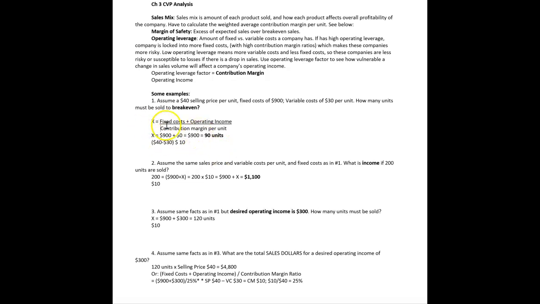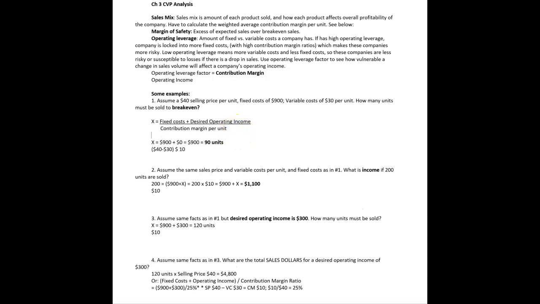Fixed costs plus, let's call this, desired operating income, divided by the contribution margin per unit. So using this example, it would be our fixed costs. We have no desired income, so fixed costs divided by $10.